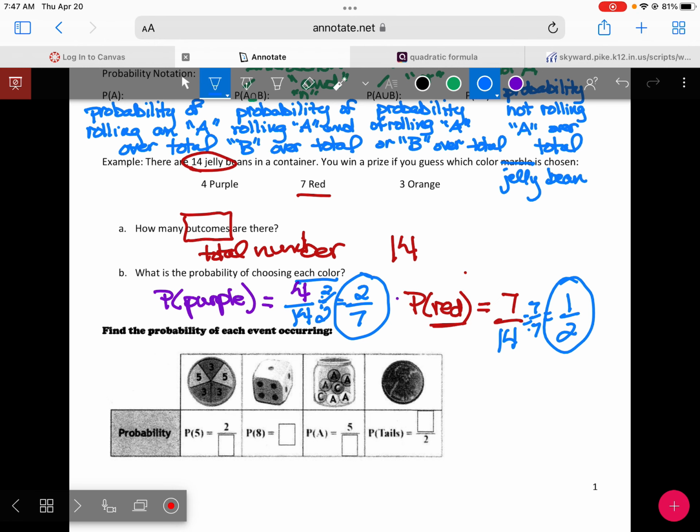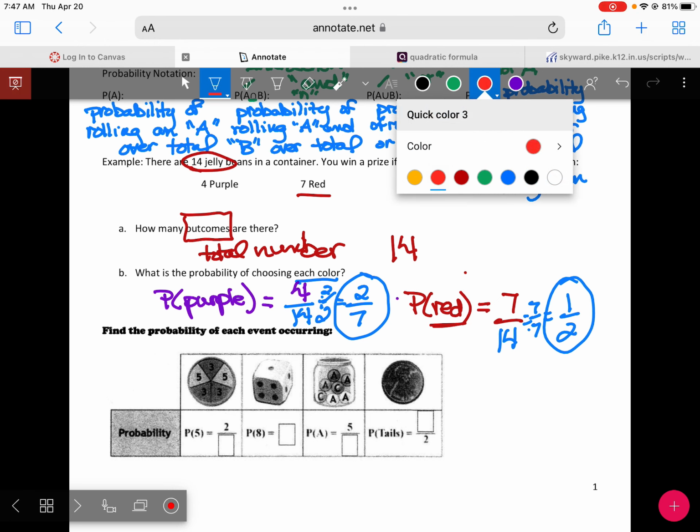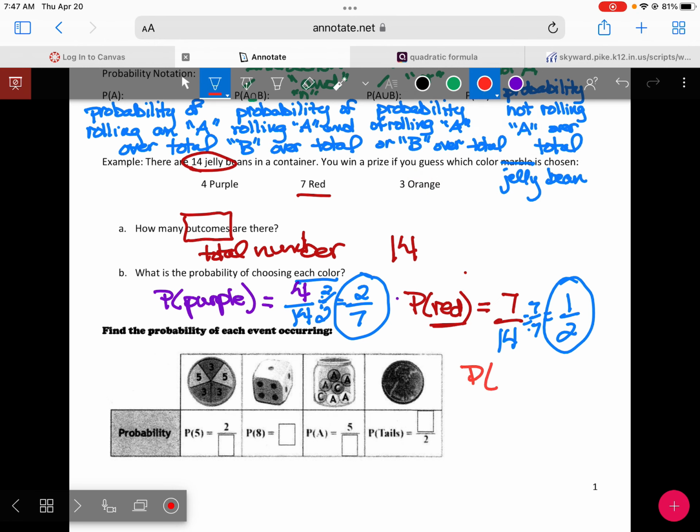All right. And the last one, what's the probability of my selecting an orange jelly bean? Sorry, jelly beans. Write that down. See if you can simplify it yourself too. So how many oranges we have?